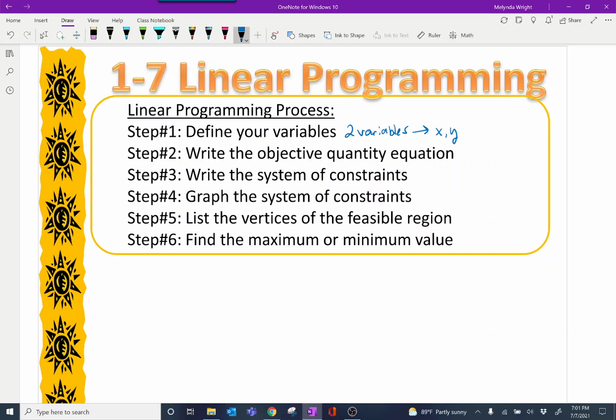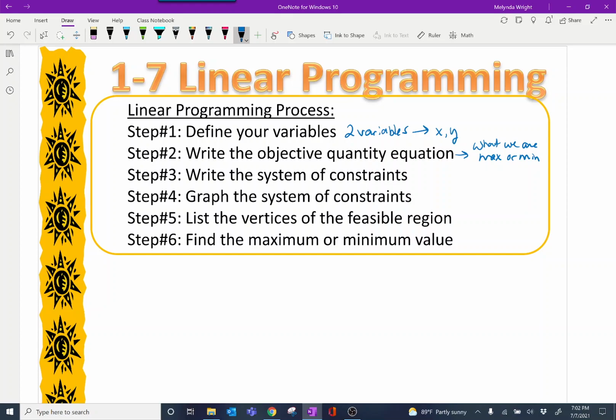The second thing, though you don't have to do it exactly second, is to write the objective quantity equation. This is what we're maximizing or minimizing.